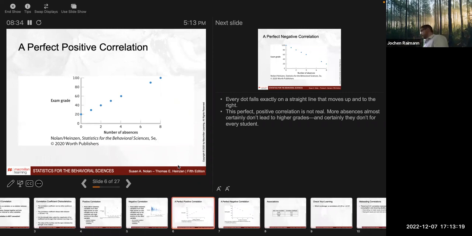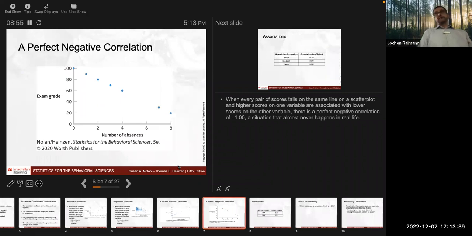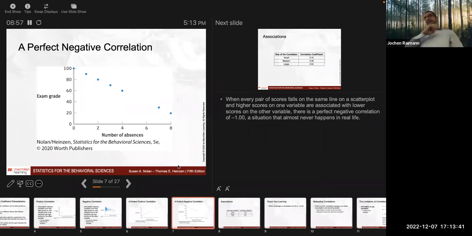The perfect positive correlation is a correlation coefficient of +1. It's basically a line. If you fit a line through this, every point will be on that line. That's the definition of a perfect correlation, which you will never see. Exactly. If anybody shows you a correlation coefficient of 1 or -1, he or she is lying. That data doesn't exist. I've seen that once when I reviewed a paper.